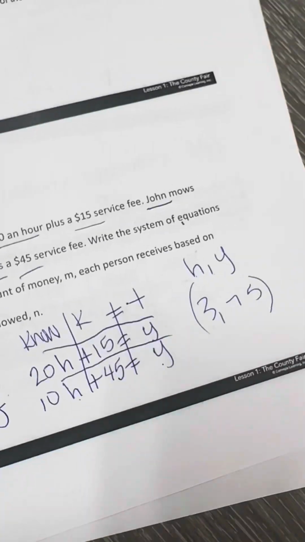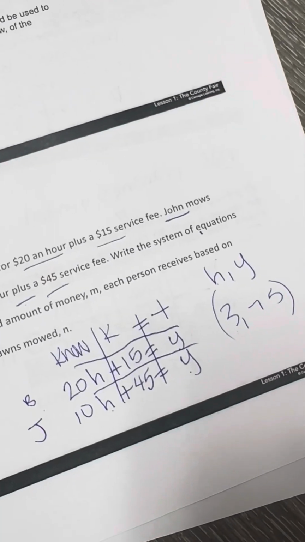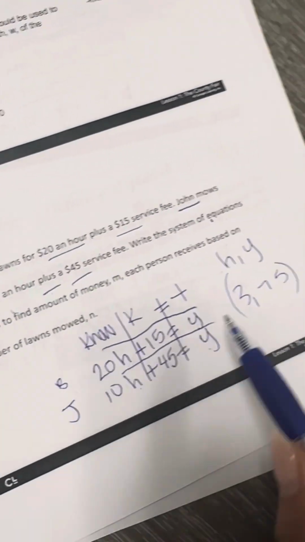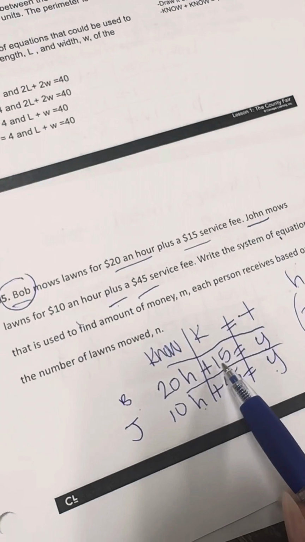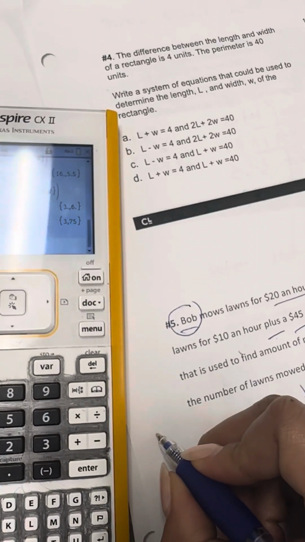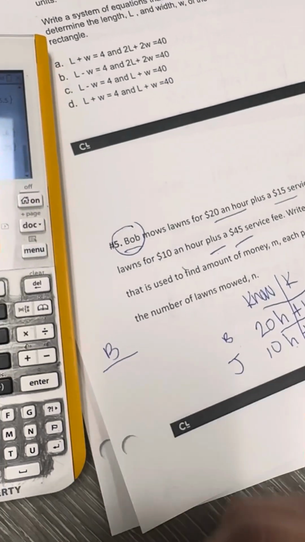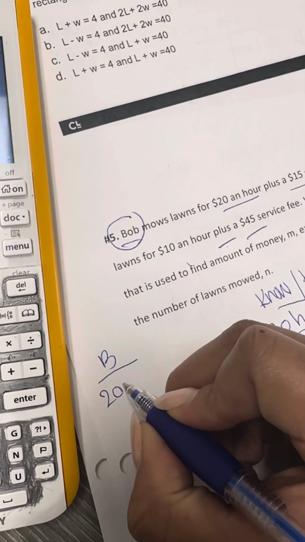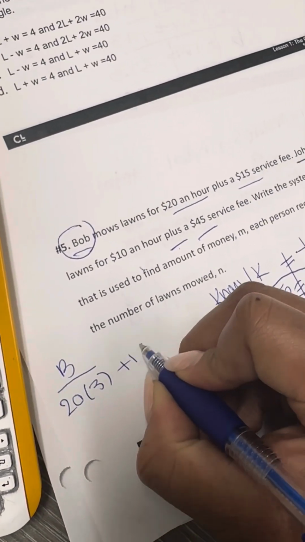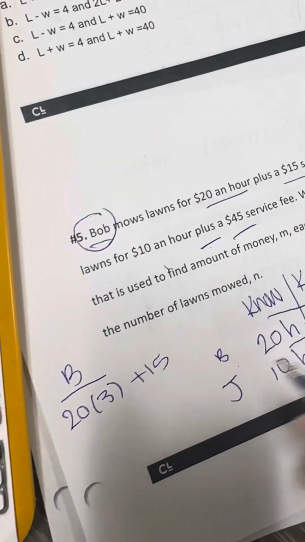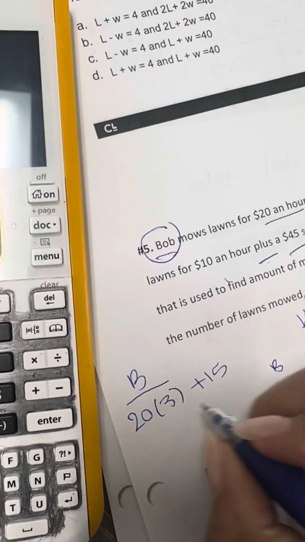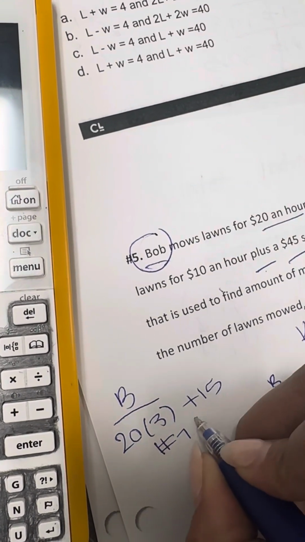So now you can figure out who's cheaper. What's 20 times 3 plus 15? This is Bob. Plug in your H value for your H variable. 60 plus 15 is $75 for Bob.